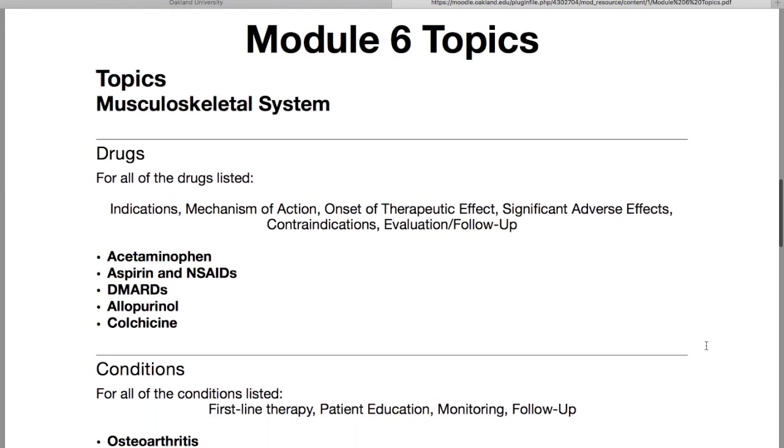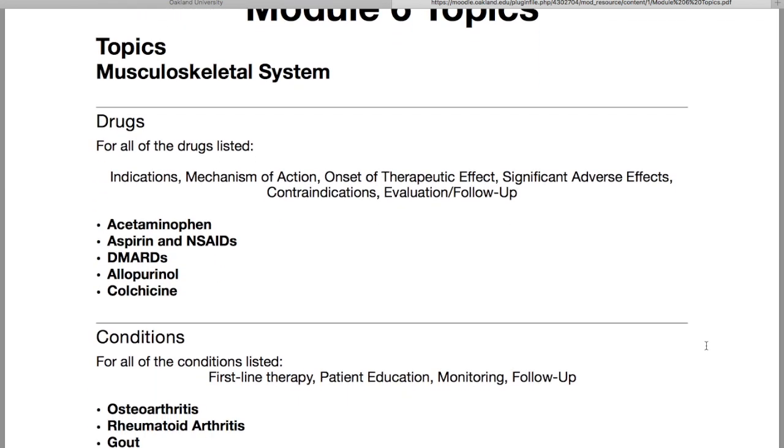And then the musculoskeletal system drugs that we're going to cover are acetaminophen, otherwise known as Tylenol, aspirin and NSAIDs, the DMARDs, allopurinol, and colchicine. The conditions that we'll discuss in the musculoskeletal system include osteoarthritis, rheumatoid arthritis, and gout.